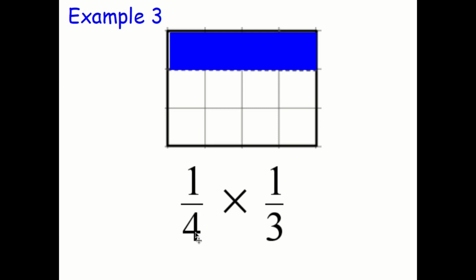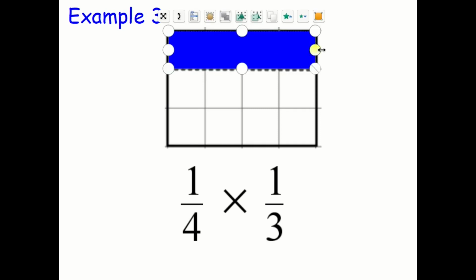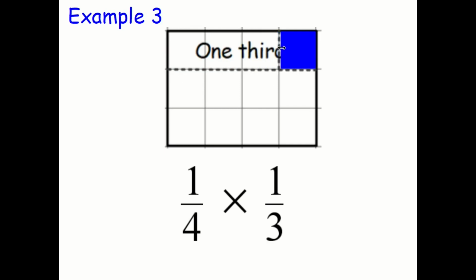Here, I've got 1/4 multiplied by 1/3. So I've got 1/3 of my diagram here, shaded in blue, but I want 1/4 of it. So let's divide it by 4 to give me 1/4. Let's go this way. And I get 1/12.